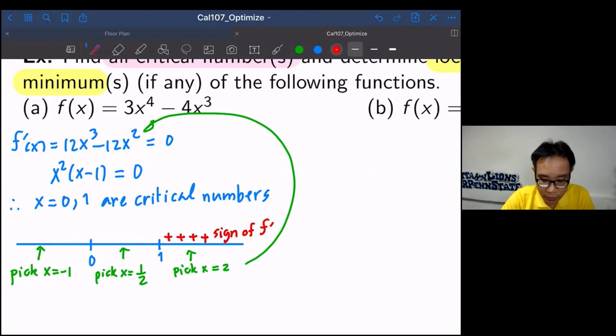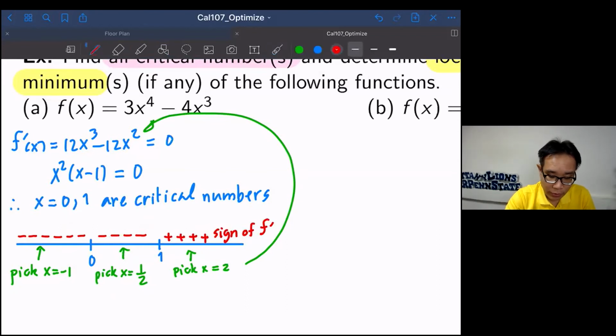When you have x equal to 1/2, it's going to be 12 over 8 minus 12 over 4, so the sign will be negative. And you pick x equal to -1, and you get the negative sign. So you see that you have a negative sign for f prime in this interval, and negative in this interval, and positive in this interval.